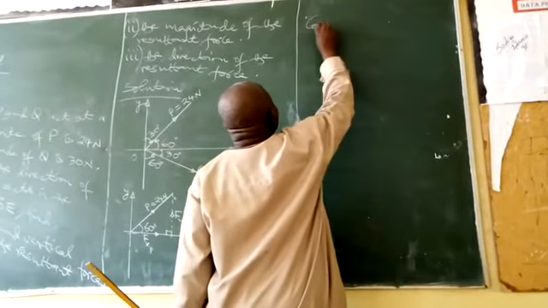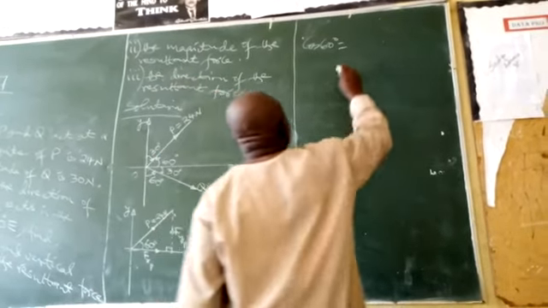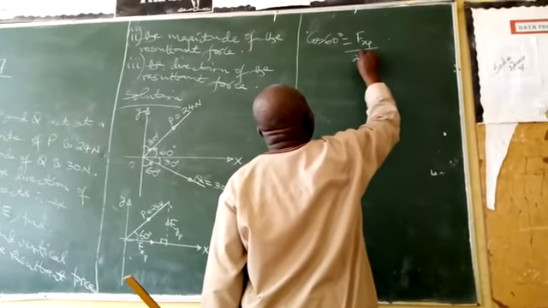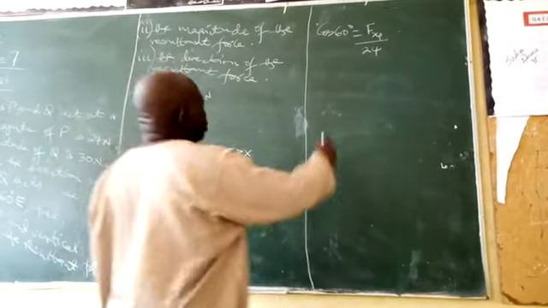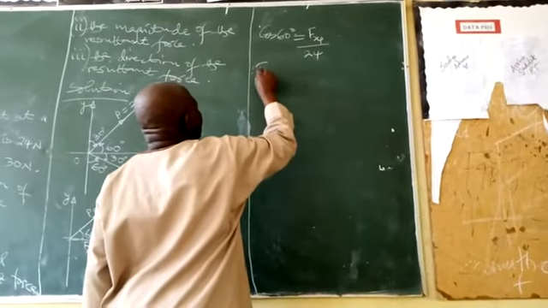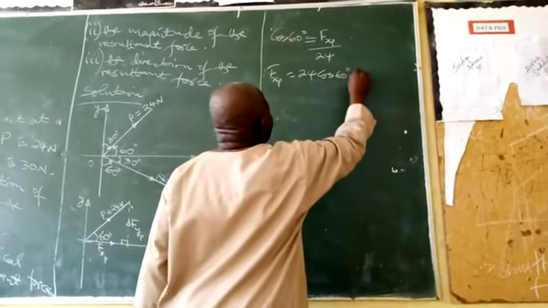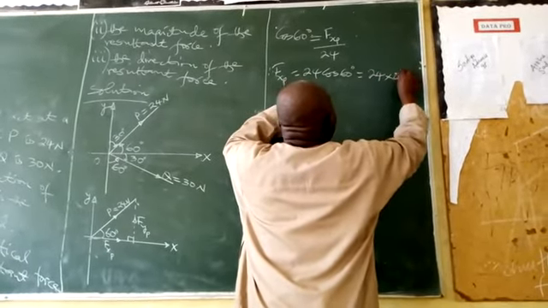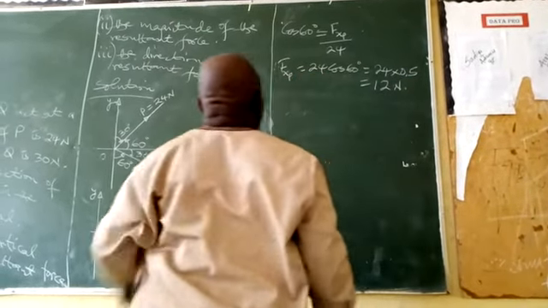So cos 60 degrees is equal to F sub X P over 24. If I cross multiply, F sub X P will be 24 cos 60 degrees. Cos 60 degrees is half. So that is 24 times 0.5, and that would be 12 Newton. So that is the horizontal component of that force P.